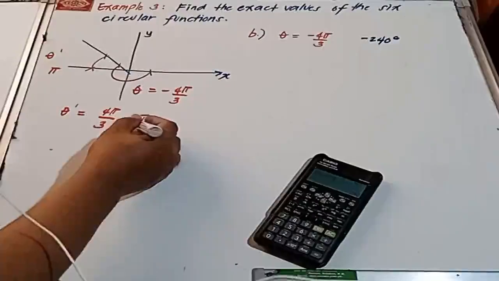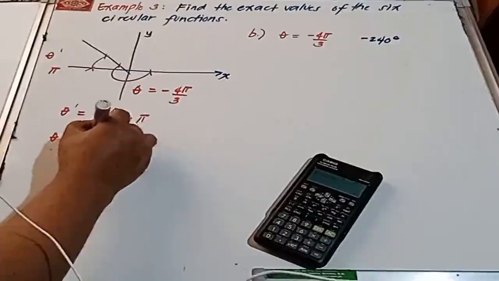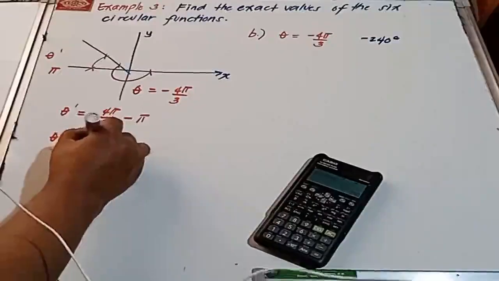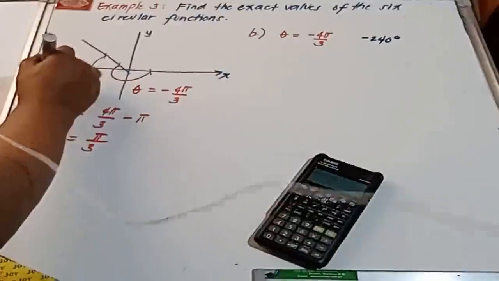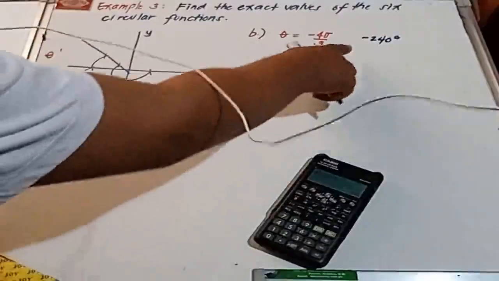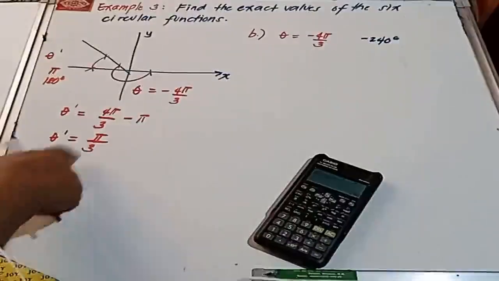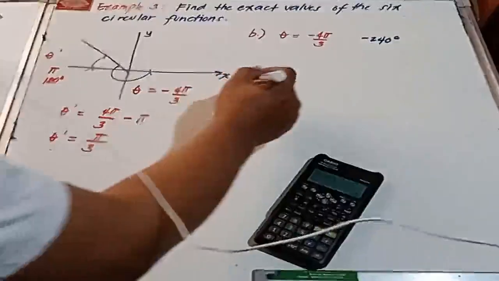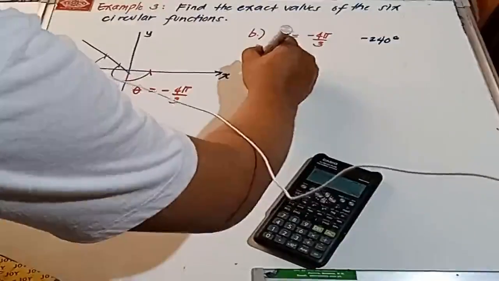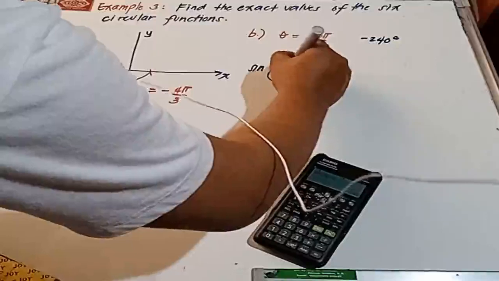Okay? So, we have pi over 3. Okay? And pi over 3 is 60 degrees. Okay? Check natin. Subtract naman natin ng 180 yung 240. 240 minus 180 is 60 degrees. So, tama sagot natin. Pi over 3 is 60 degrees. So, kunin na natin yung six circular functions starting with sine negative 4 pi over 3.